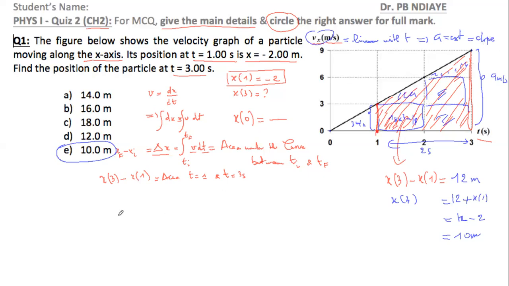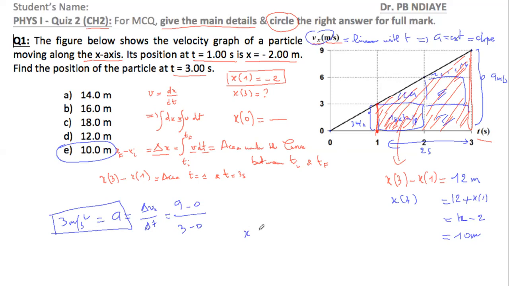So the slope will give you the acceleration, basically delta vx divided by delta t. So I'll say 9 minus 0, I am taking it between 0 and 3, divided by 3 minus 0. So the acceleration gives me 3 meters per second squared. Okay? This is another way to solve the same problem. Acceleration is this, and it's a constant acceleration. So you can say now, okay, since it's a constant acceleration motion, I can use my classical constant acceleration equation.